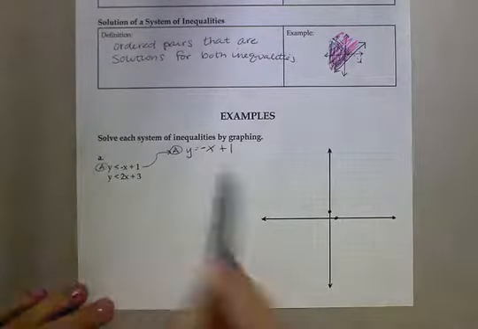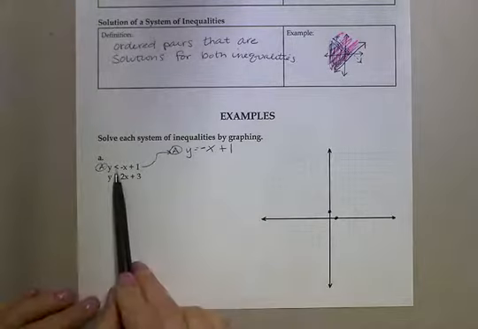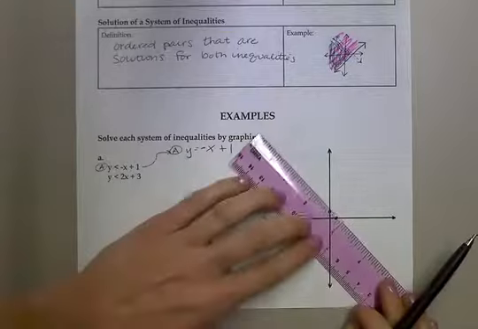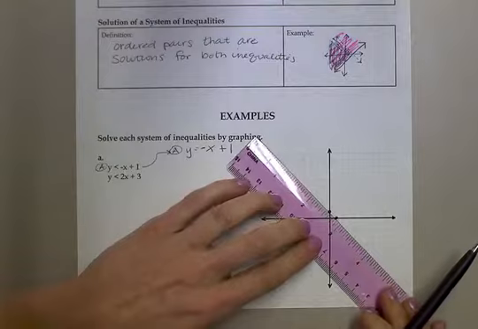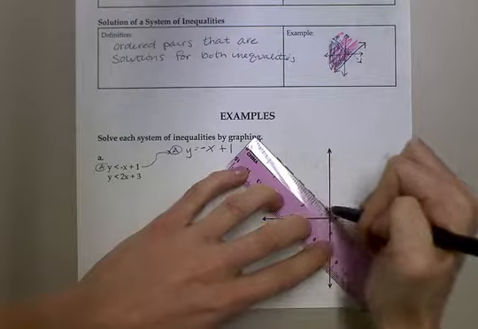Now remember, to determine if we're going to draw a solid line or a dotted line, we need to look at the original inequality. Now this is a less than sign, so we do a dotted line. If it were less than or equal to, we would do a solid line. So here's our dotted line.